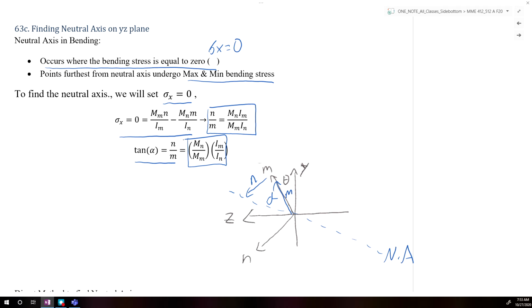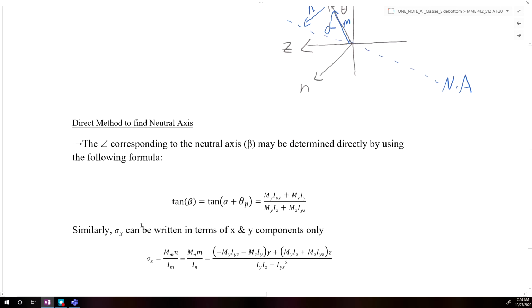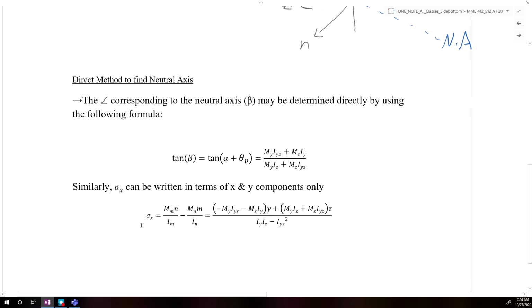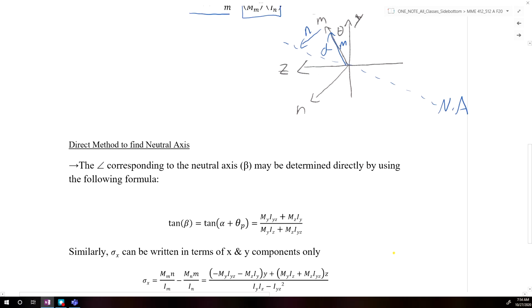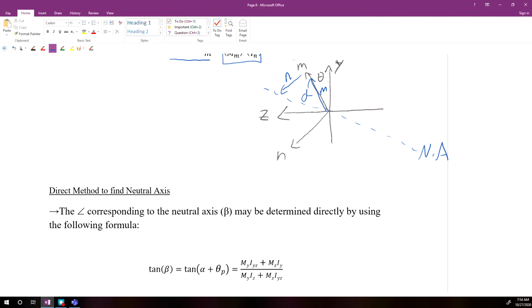An alternate way to find the location of the neutral axis is to define an angle beta from the original YZ coordinate system.